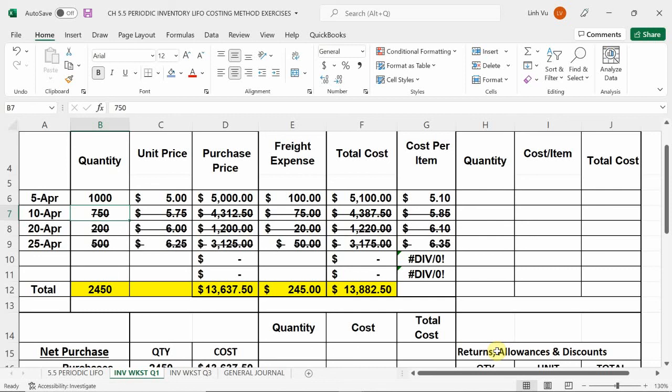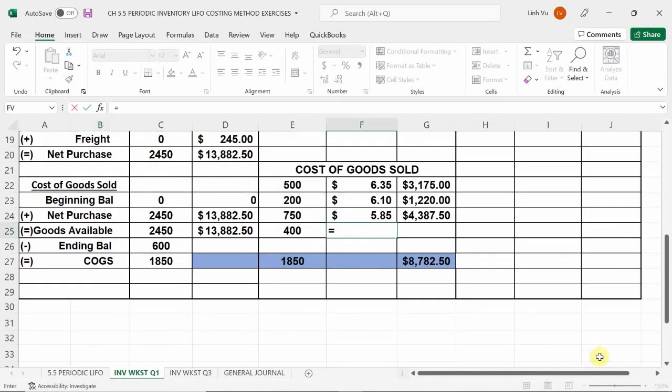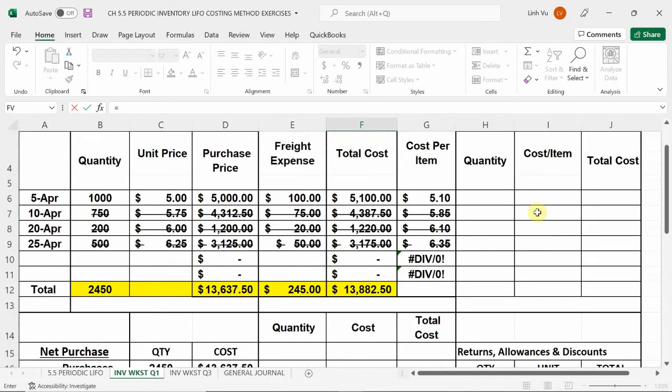You don't want to pocket out that $100 from your business to pay for this expense, right? It should be included as part of your inventory. So I've already calculated it to be $5.10. That's what it's going to cost me to sell, okay? That's how much it's going to cost me per item, $5.10.